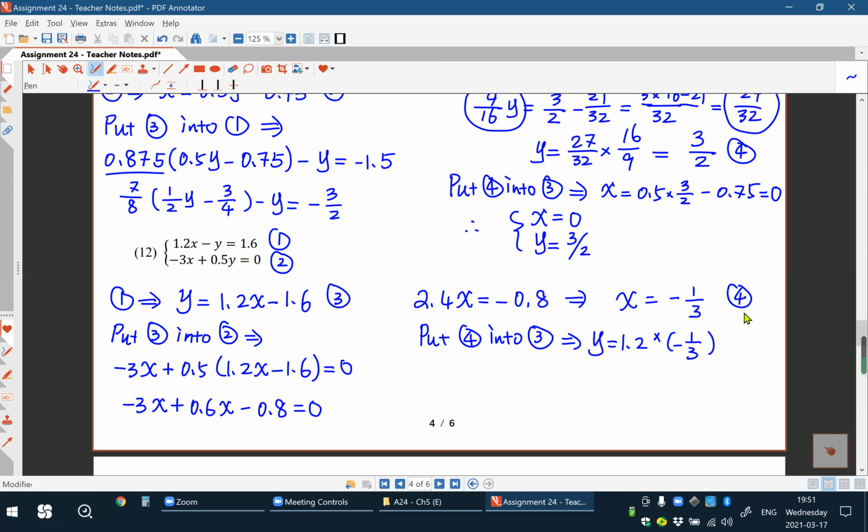Minus 1.6. So that means y is -2. Okay, so the final result is x equals -1/3 and y equals -2.